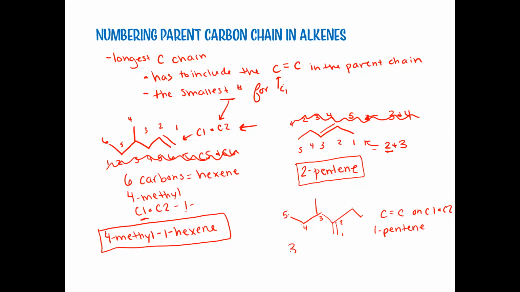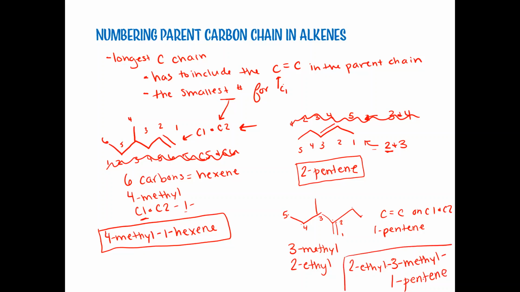On carbon 3, we have a methyl, and on carbon 2, we have an ethyl. E comes before M, so it'd be 2-ethyl-3-methyl-1-pentene. That would be the name of this molecule.